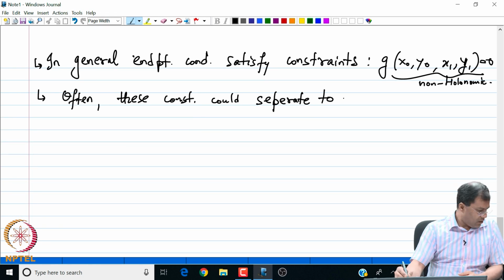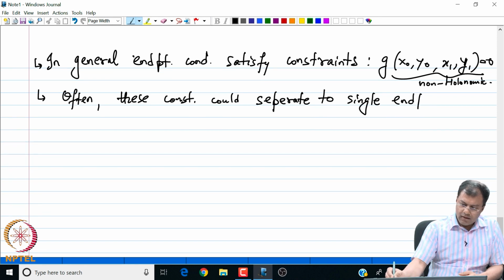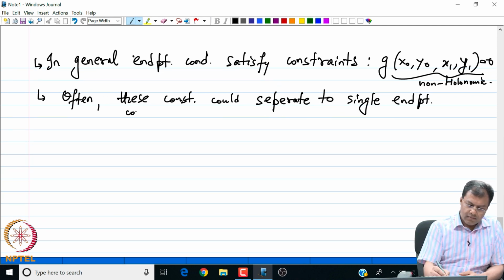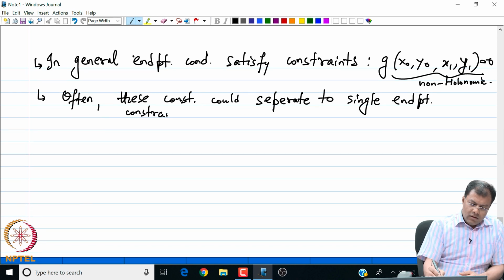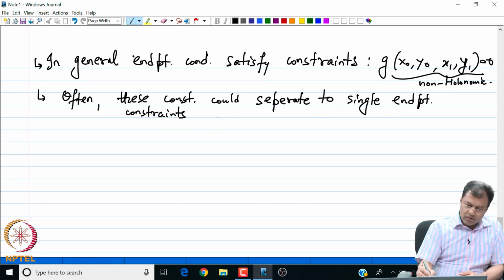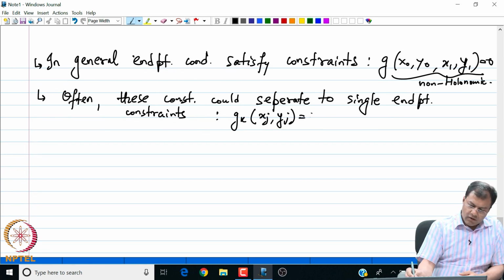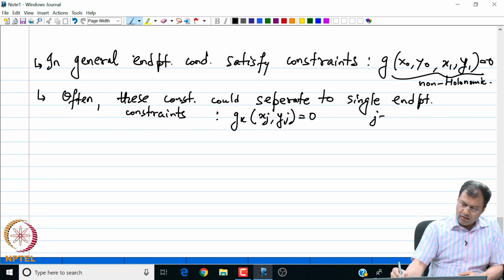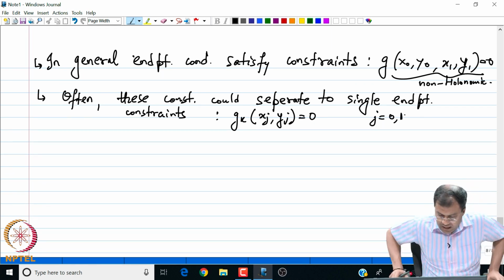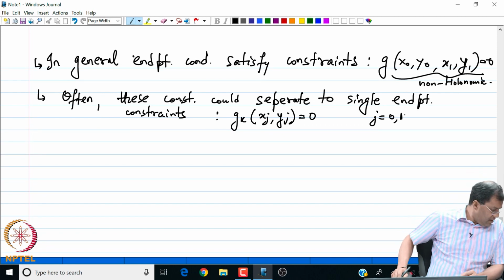This constraint separates to single endpoint constraints. To see that, the constraints we get are g_j of x_j, y_j equal to 0 for j equal to 0, 1. So, these are my single endpoint constraints.